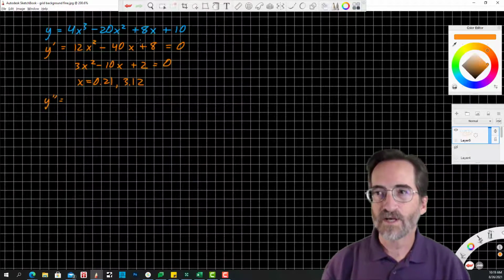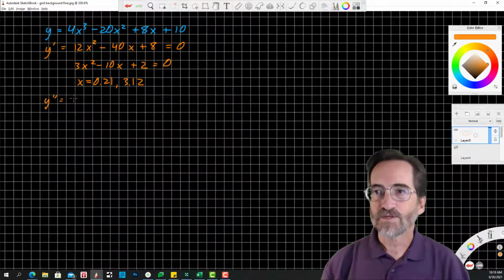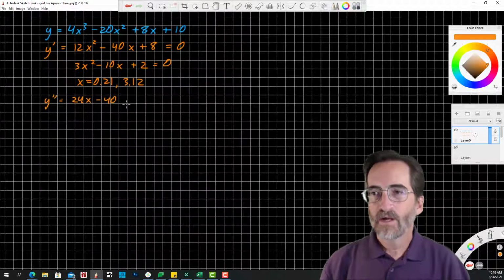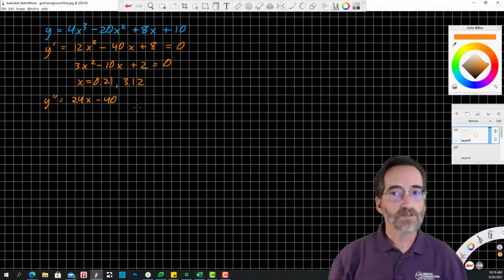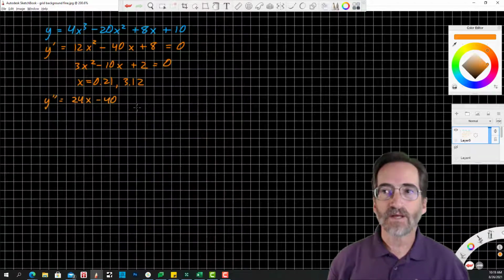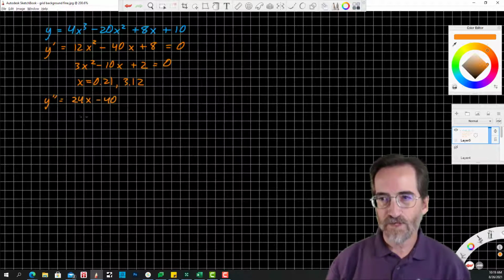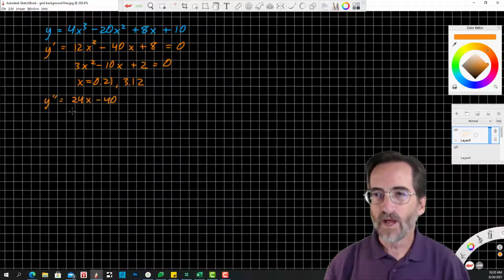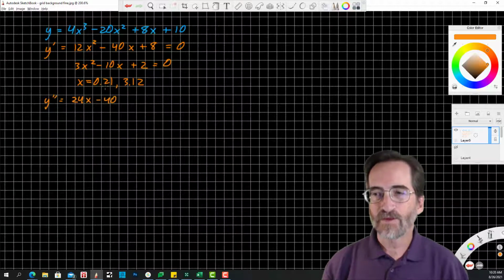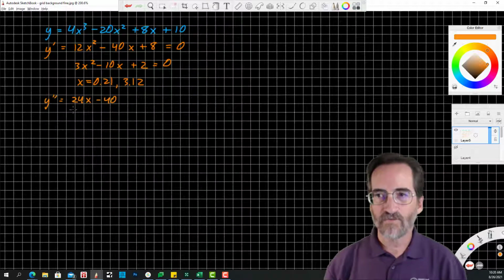Remember, we're taking the second derivative of the original, not the 3x squared. So 24x minus 40. One of the things I'd be interested in is finding out, well, let's do the inflection points first. Actually, not the inflection point, the critical values.